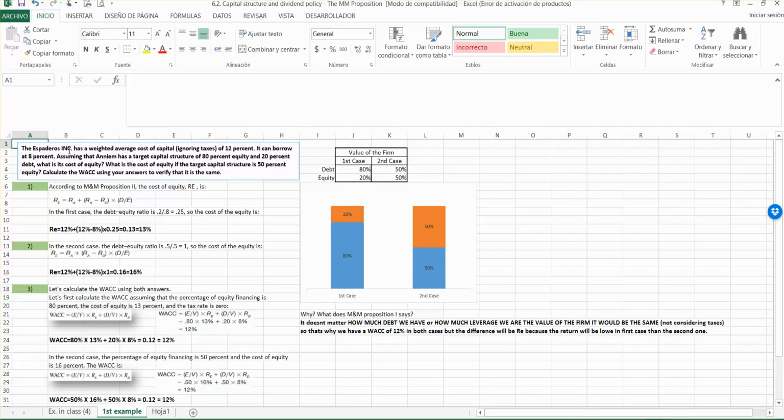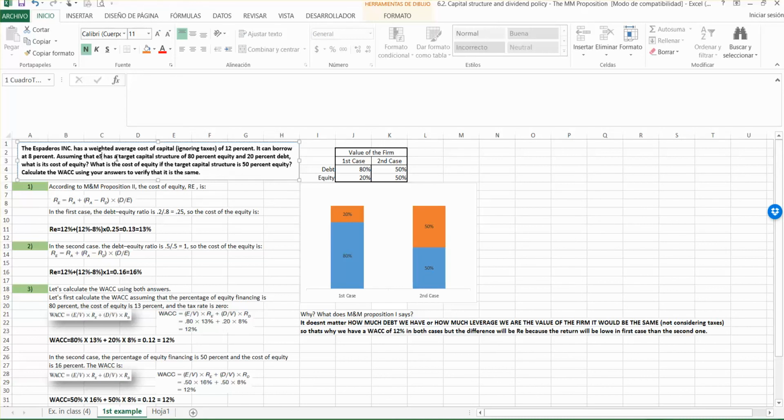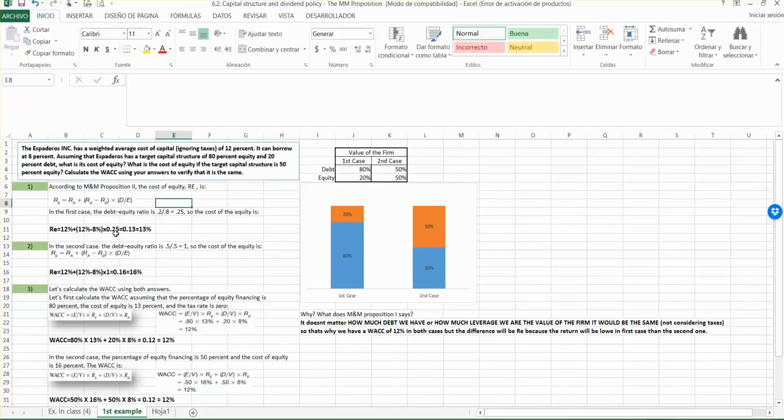Assume Espadero has a target capital structure of 80% equity and 20% debt. That's why we have this 0.25, because it's the division of 20 by 80, 0.25. That's our debt equity ratio.